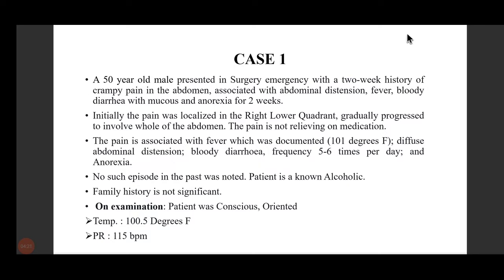On examination, basic finding. Tenderness at McBurney's point is good. Besides that, Psoas sign, good, very good. Okay. Then, chalo, we move ahead.